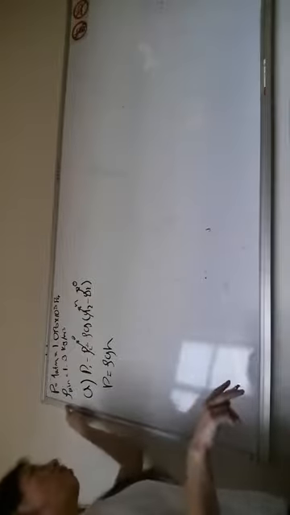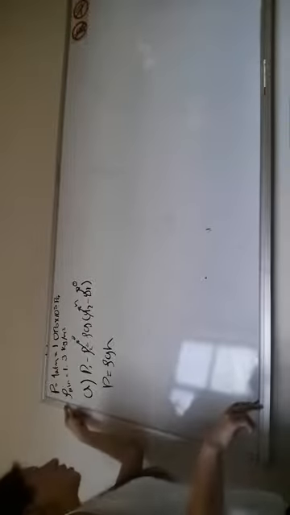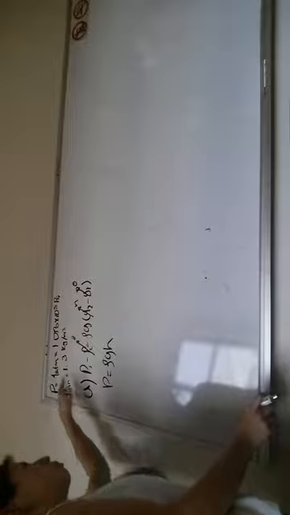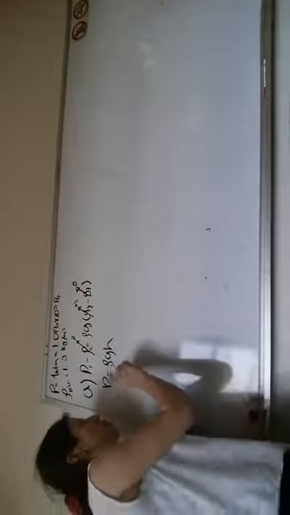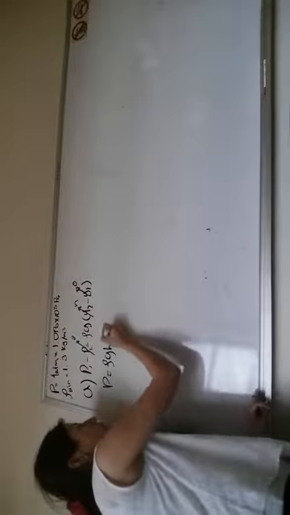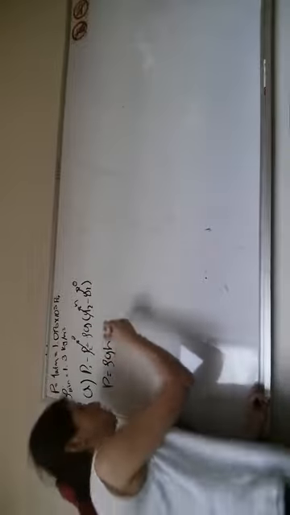The pressure is 1.013 and the density is 1.3. So we are going to substitute and solve for H first.